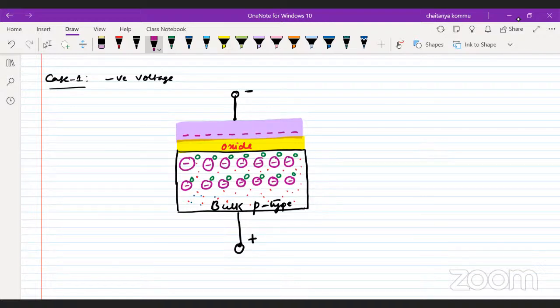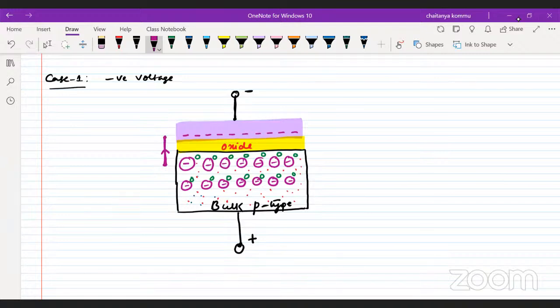Since it is a capacitive structure, an electric field will be developed where the potential difference is formed. The potential difference is formed from positive to negative, as you know very well.